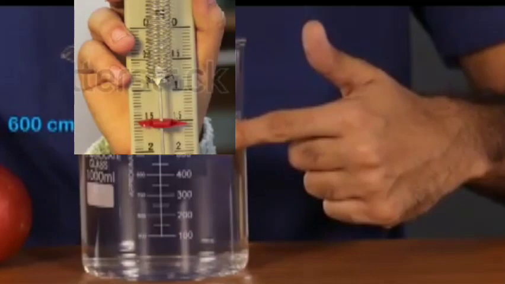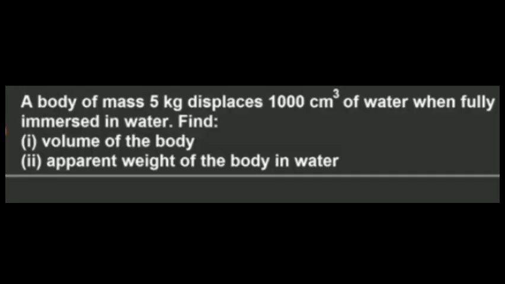Question number 3. A body of mass 5 kg displaces 1000 cubic centimeter of water when fully immersed in water. Find the volume of the body and the apparent weight of the body in water.